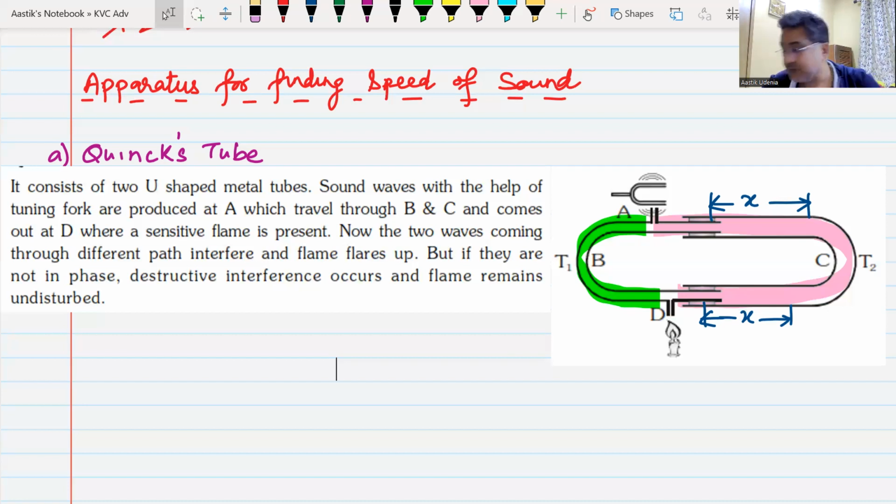Do we understand this? Depending on whether you have two constructive or two destructive interferences, you can find out the speed of sound using this apparatus.